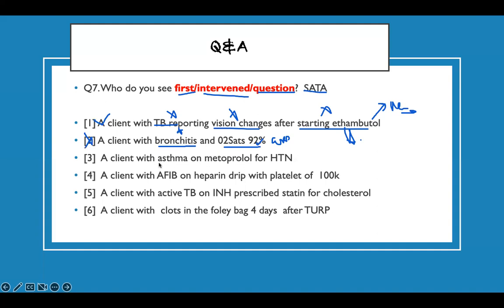I'm not seeing you. A client with asthma on metoprolol for hypertension. A bunch of buzzwords. Asthma, metoprolol, buzzwords. You know, an asthma patient is not supposed to take a beta blocker. But then I'm tricking you. What kind of beta blocker can they not take? Non-selective beta blocker. Selective beta blocker is fine.